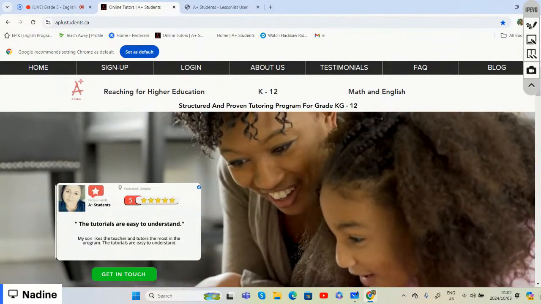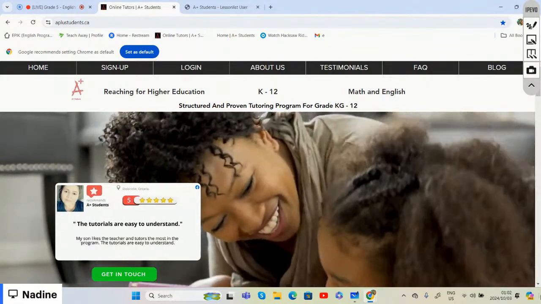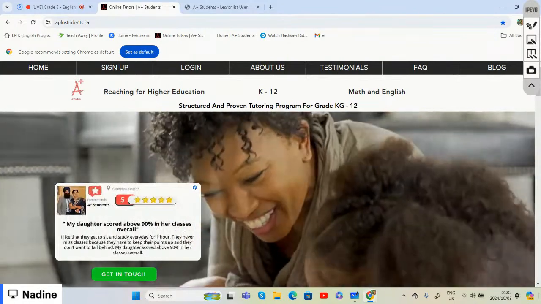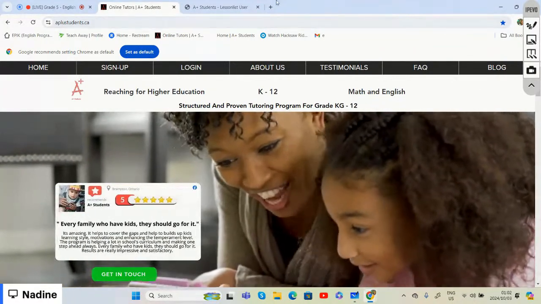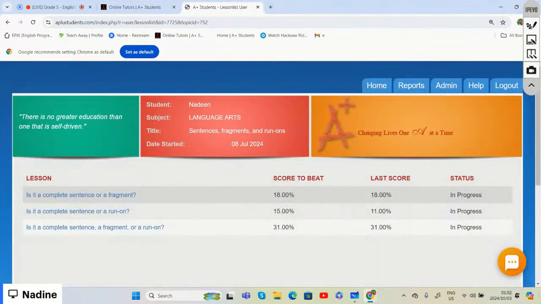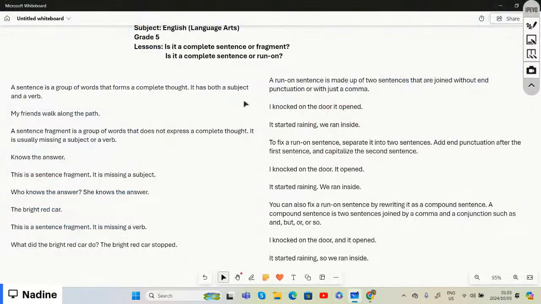So we are doing grade 5 English lesson, and we're going to scroll down until we get to our chapter of sentences, fragments, and run-ons.